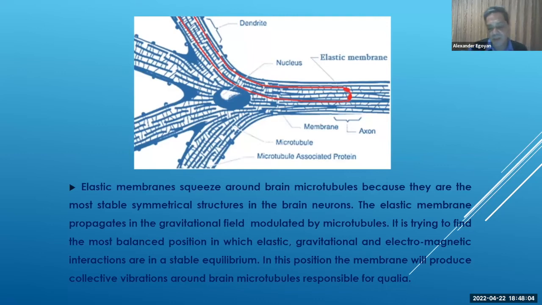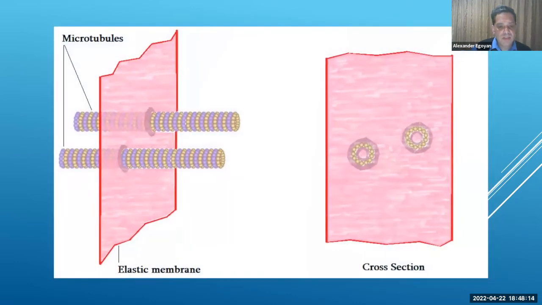In this position, the membrane will produce collective vibrations around brain microtubulus responsible for qualia. This picture shows how the elastic membrane squeezes around brain microtubulus.